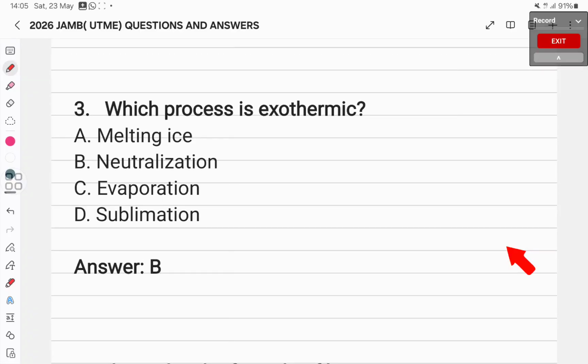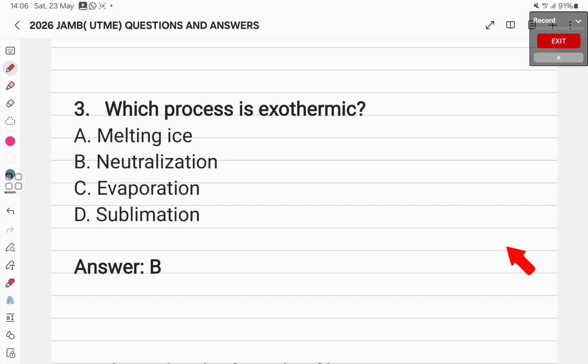Question number 3 says, which process is exothermic? I know students of chemistry would have been familiar with the 2 main types of chemical reactions based on change in their energy, change in their heat energy, or what you can call the enthalpy change.